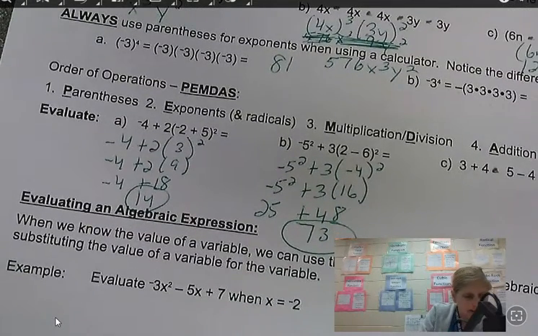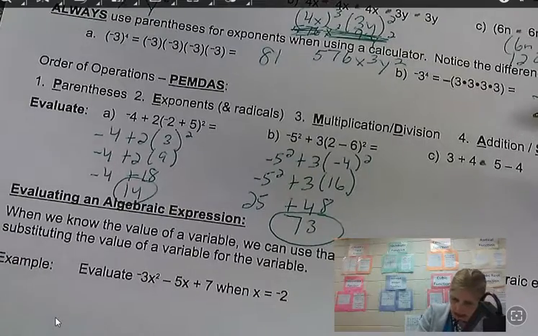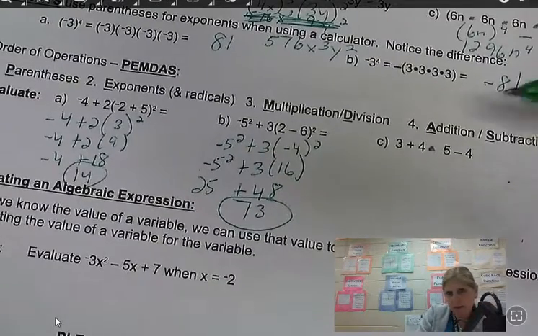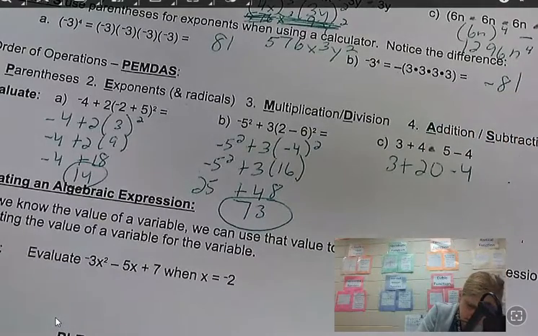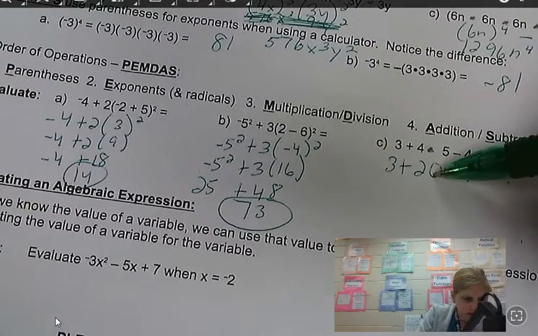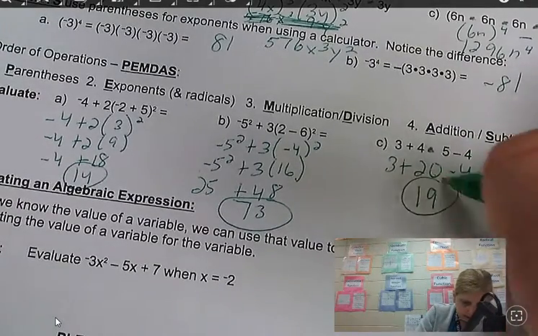Okay, so letter C. I would do the multiplication first. 4 times 5, so 3 plus 20 minus 4. I would do 3 plus 20 is 23 minus 4, and I would get 19.